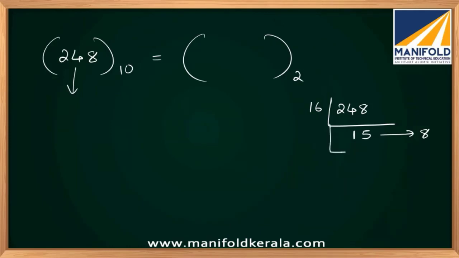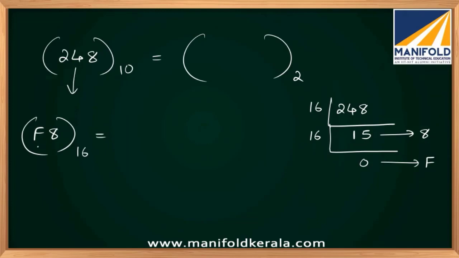Now, what you can do is that 16, this is 0, and this will be F. Right? So let's first understand: this is F8 in base 16. Now you can convert this into binary. F is nothing but 1, 1, 1, 1.